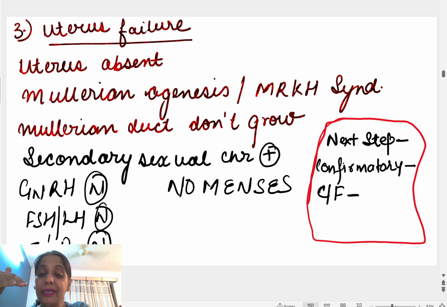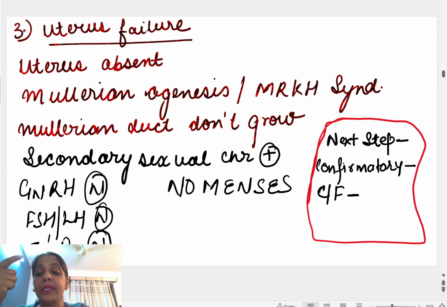Fallopian tubes, uterus, cervix and vagina, the upper two-third of vagina. Because Mullerian duct is not growing, all these structures will be absent in these females, but ovaries are present, hypothalamus is present.